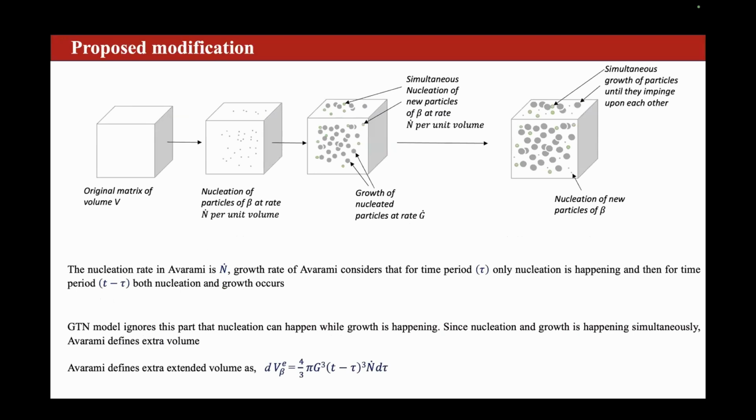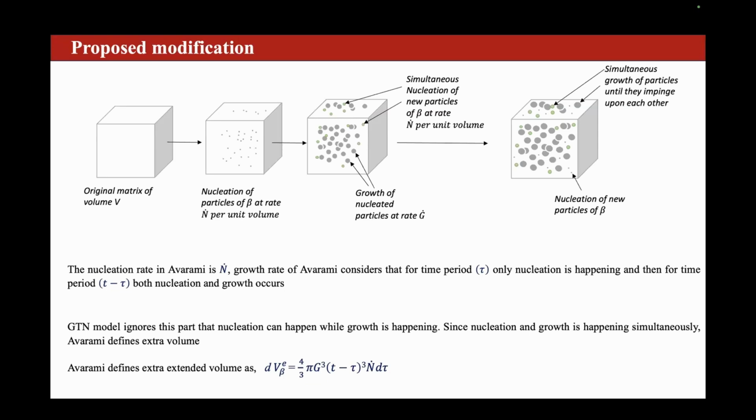Okay, I'll talk a little bit about JMAK, also known as Avrami's model, and how my approach is going to work for formulation of this model. So how Avrami, let's say if V volume matrix is there, and in that alpha phase is there, and it is going to convert to another phase, let's say beta.